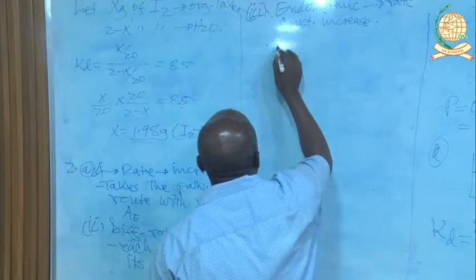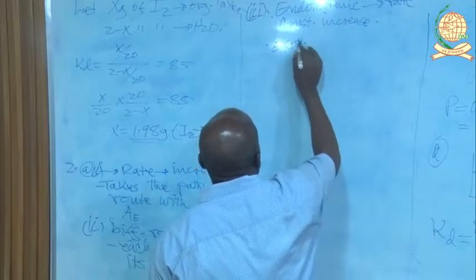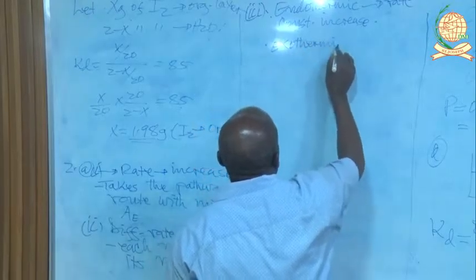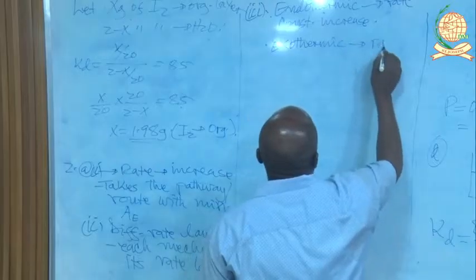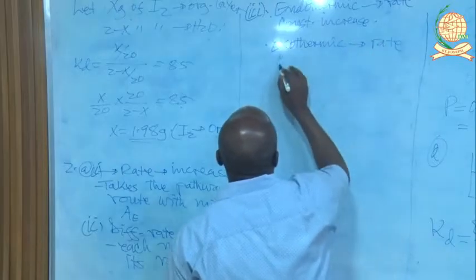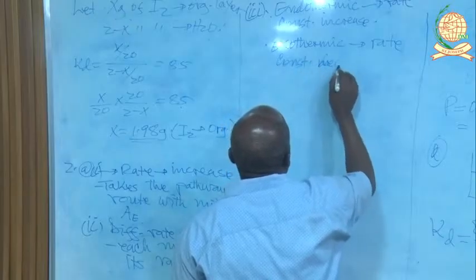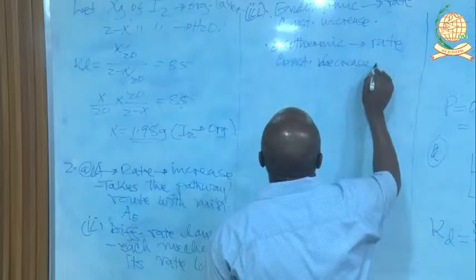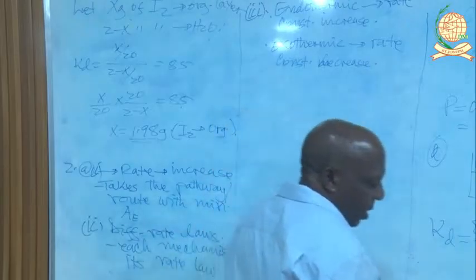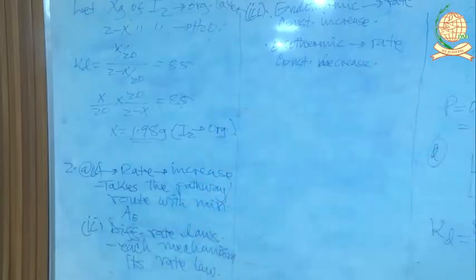Then exothermic is a different case. For an exothermic reaction, the rate constant will decrease if we increase the temperature. So that is question number 2A.